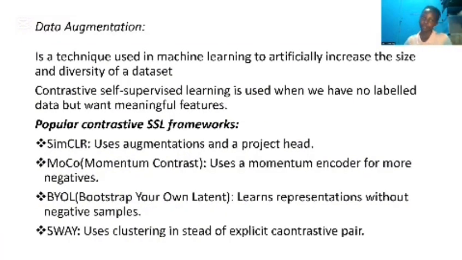As I was briefly describing data augmentation in the last slide, here is a definition. Data augmentation is a technique used in machine learning to artificially increase the size and the diversity of the data set.